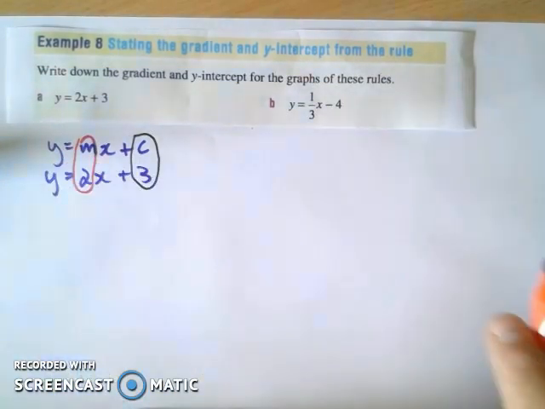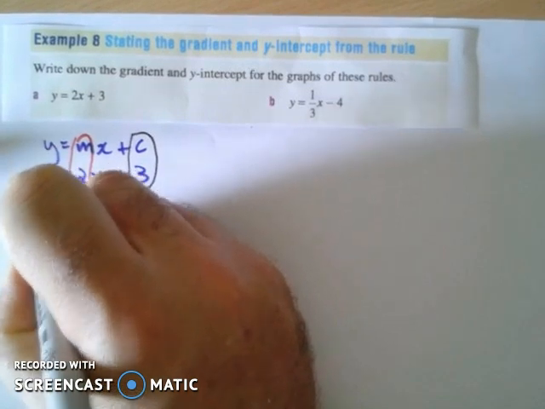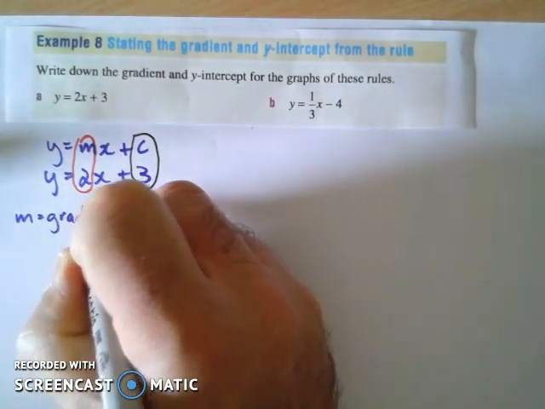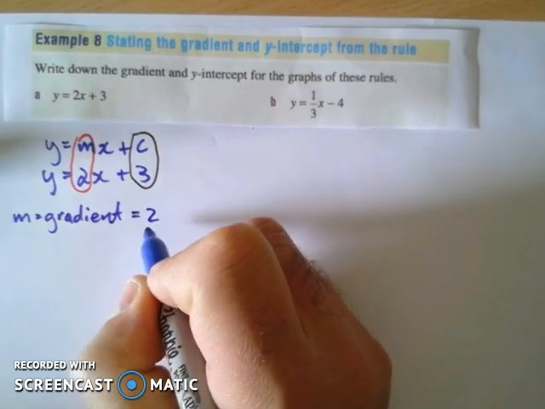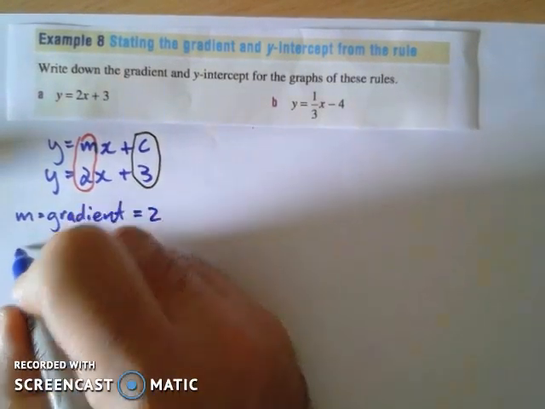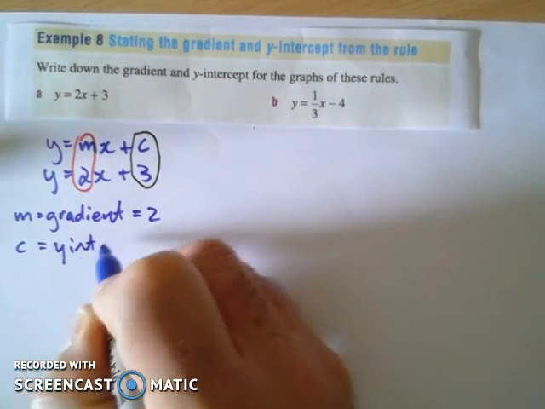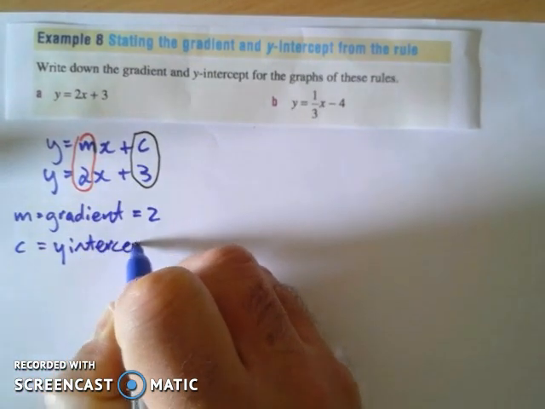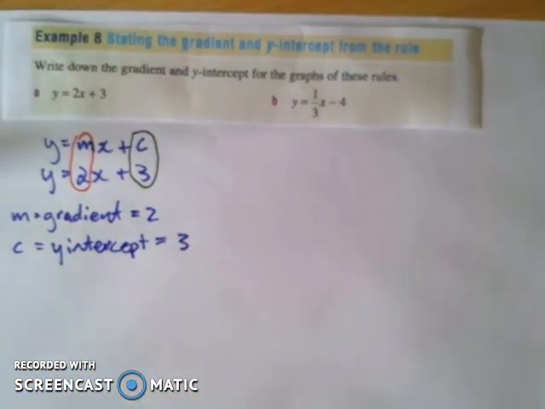M is the gradient, so m equals the gradient, and the gradient is 2. c is my y-intercept, c equals my y-intercept, and the y-intercept is now 3. Okay, so how am I going to draw this?